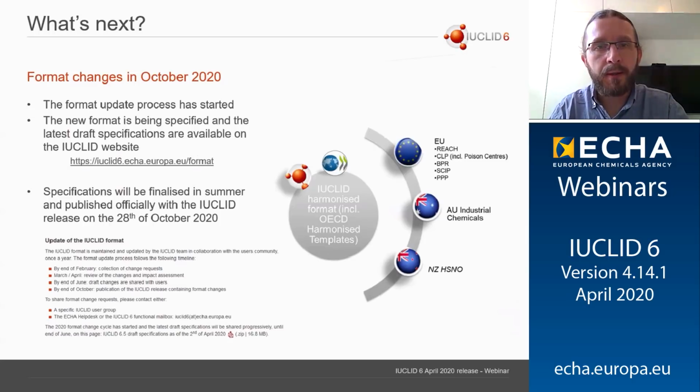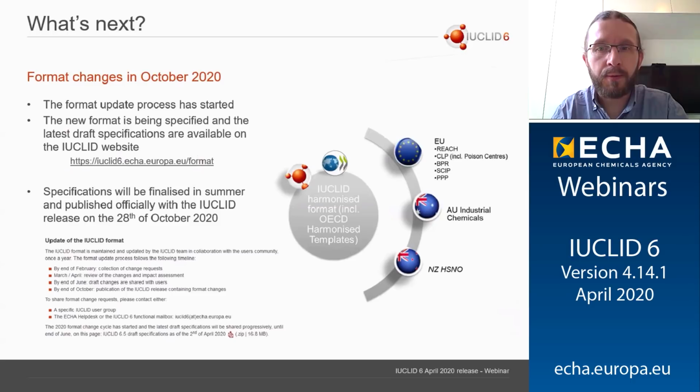We were talking about the web interface scope for the next Euclid releases. I wanted also to highlight that we are preparing format changes for the Euclid October release. You see that Euclid is used for different regulations. Euclid contains harmonized documents internationally, but also at the level of the OECD.